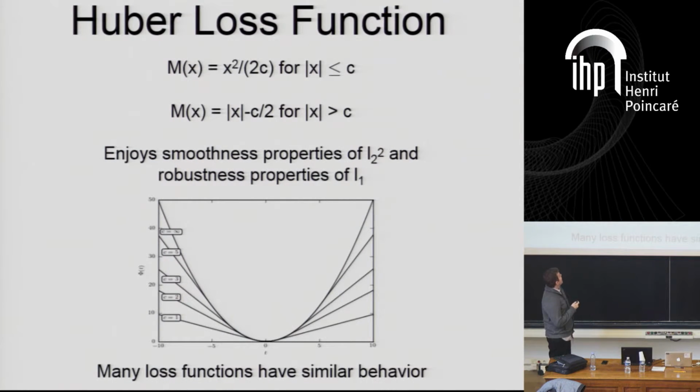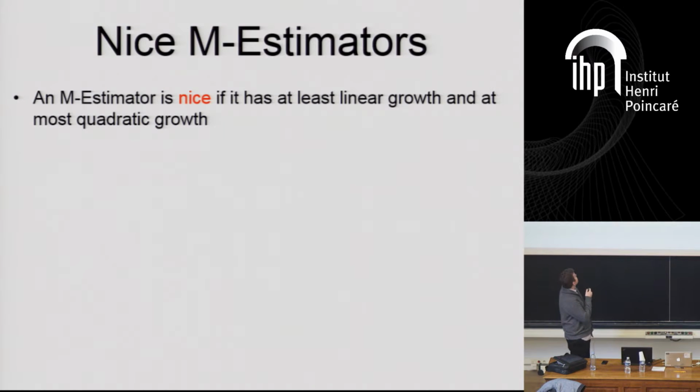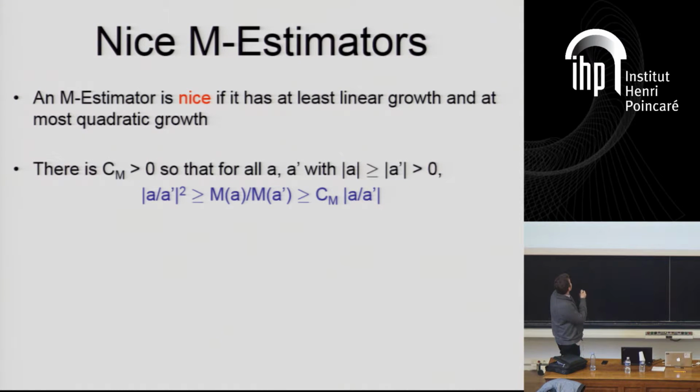And this motivates the definition of a nice M-estimator. We say an M function is nice if it has at least linear growth and at most quadratic growth. Formally, there's a constant depending on the choice of M function, so that for all arguments a and a', where a is larger than a', the growth, the ratio of M of a to M of a', is at most quadratic and at least linear, times that constant.